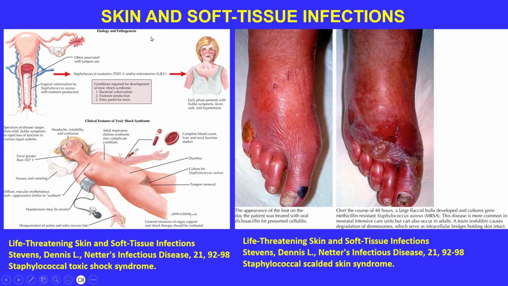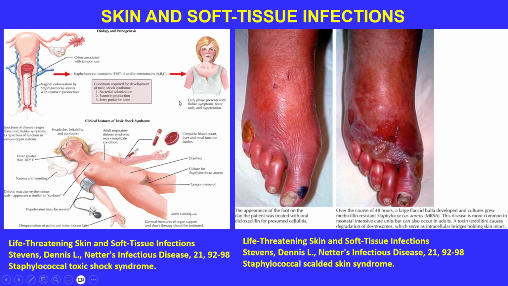Here's the etiology and pathogenesis. This was the vaginal colonization by the Staph aureus with the exotoxin production. So even when they did immediately remove the tampon, if there was already a colonization of some of these organisms, they would also produce toxins. As you can see here, Staphylococcus, exotoxin, TSST1, and/or enterotoxin.